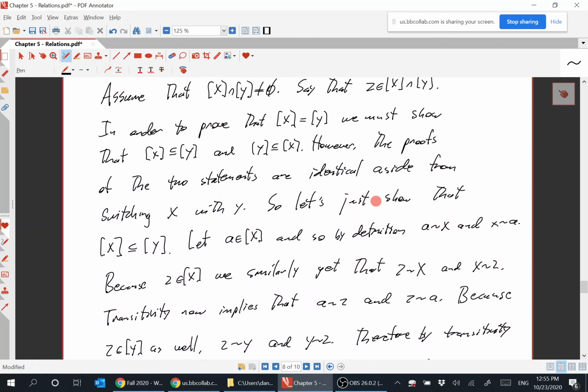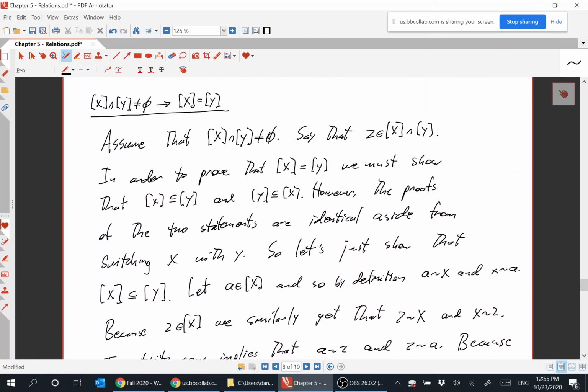Let's look at it again. We're trying to show that bracket X intersect bracket Y being non-empty implies they're actually the same. It's an implication statement, so we start with the sentence for direct proof. Assume that bracket X intersect bracket Y is not equal to the empty set.